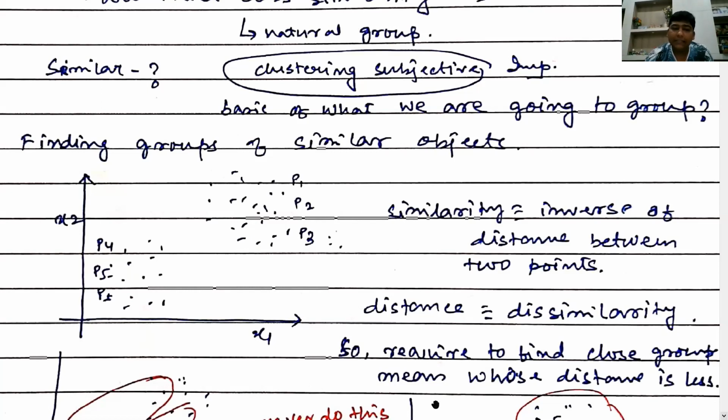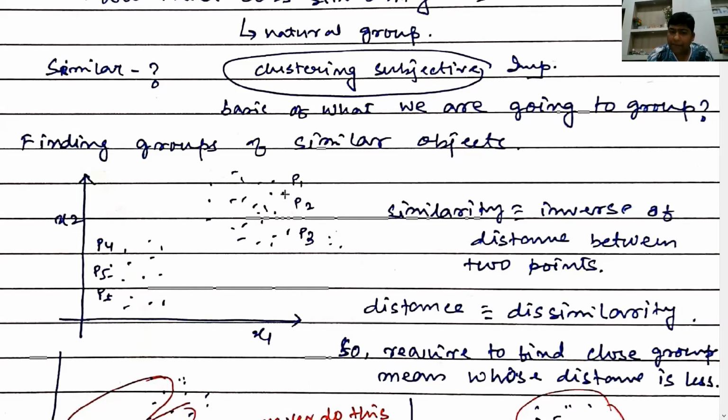What do you mean by distance? Suppose this is a point, P4, and suppose this is the point P1. There is a long distance between P1 and P4, but there is a very small distance between P1 and P2.